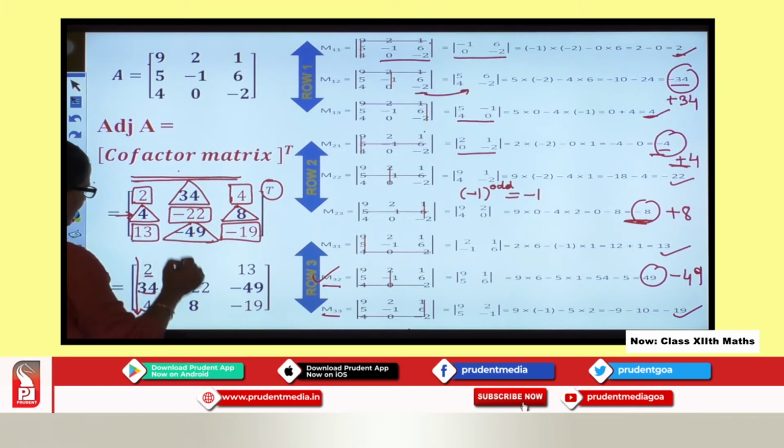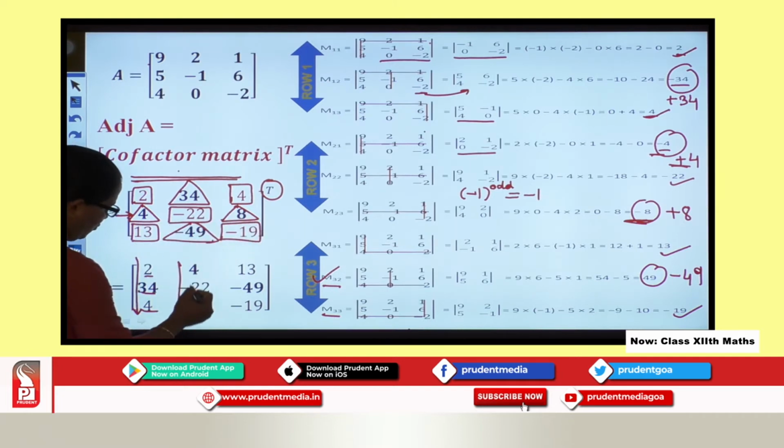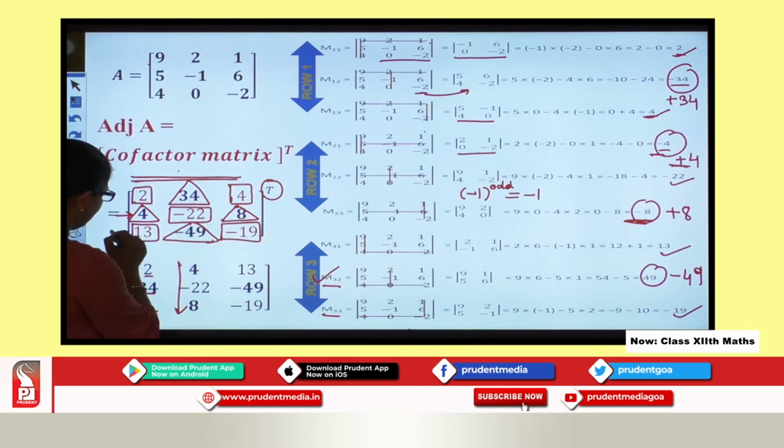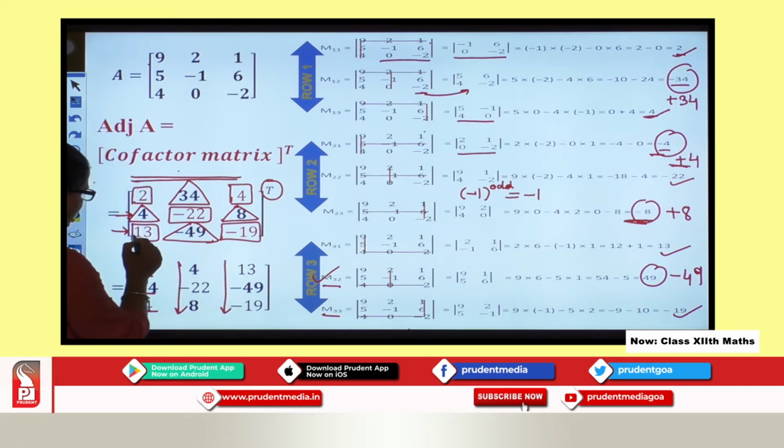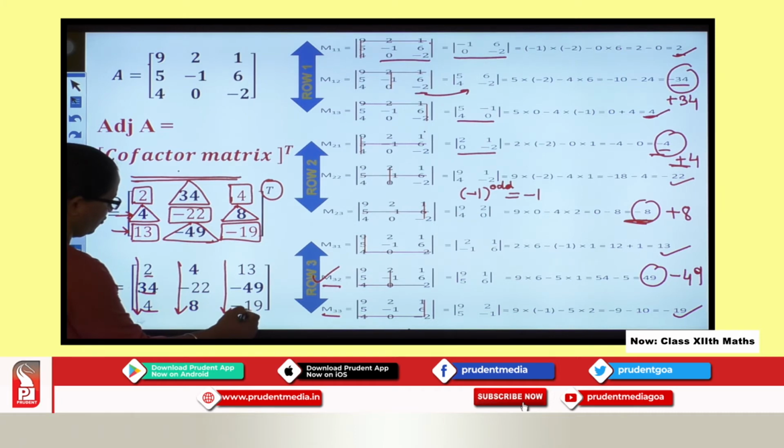The second row will come as the second column: you can see 4, minus 22, 8. And the third row will come as the third column, and you get it as 13, minus 49, minus 19. And this is nothing but the adjoint of the given matrix.